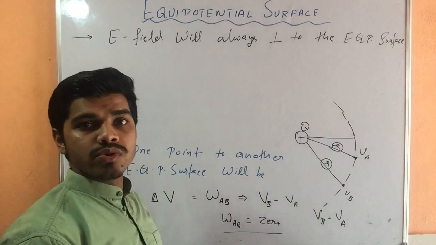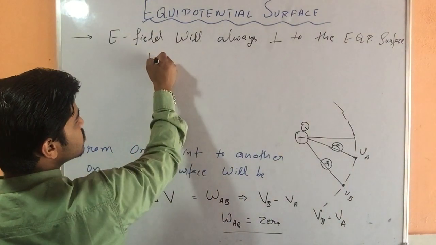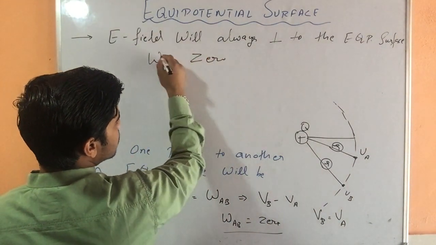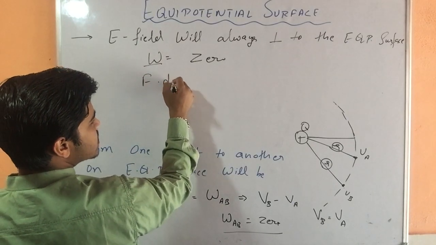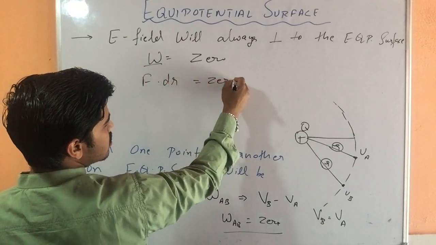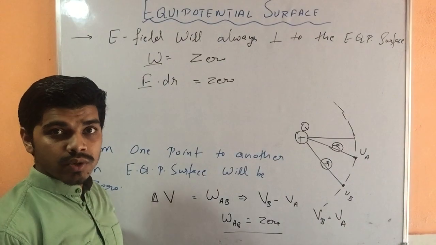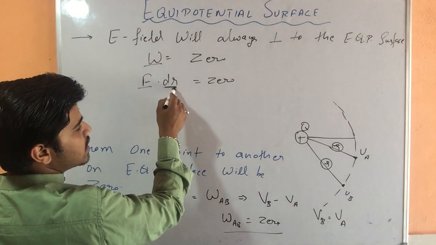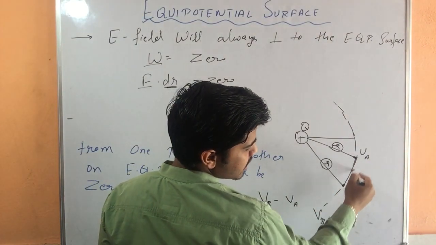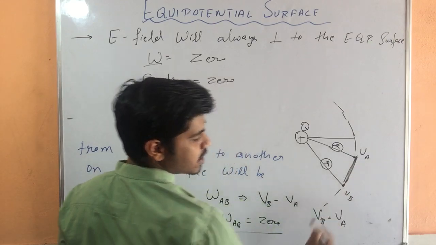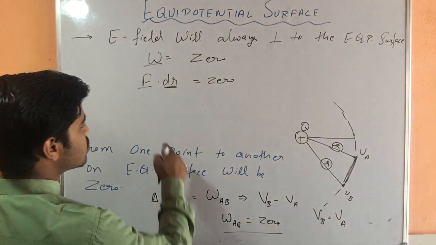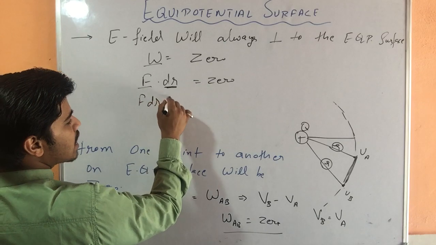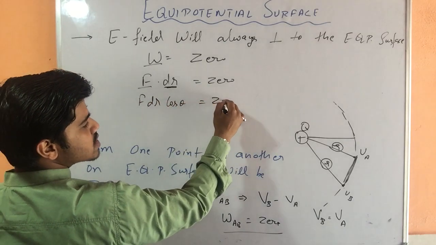We can prove this also. As work done is equal to 0, and work done by definition is force dot displacement, F dot dr equals 0. Force cannot be 0 according to Coulomb's law, and dr displacement is also not equal to 0 as is clear from the figure, but after taking the dot product it gives a cos theta.